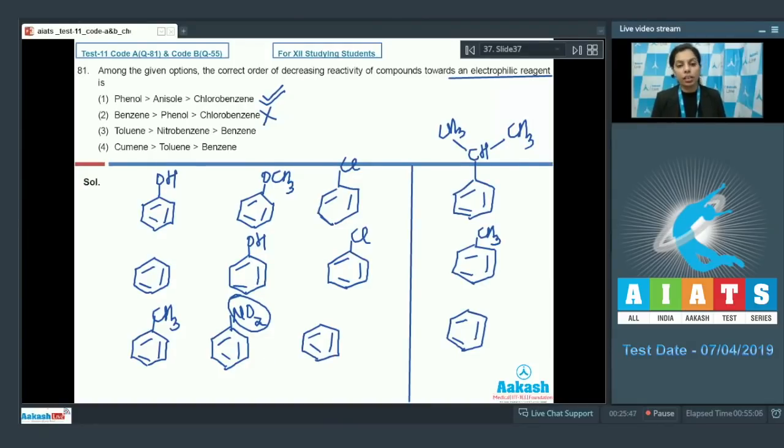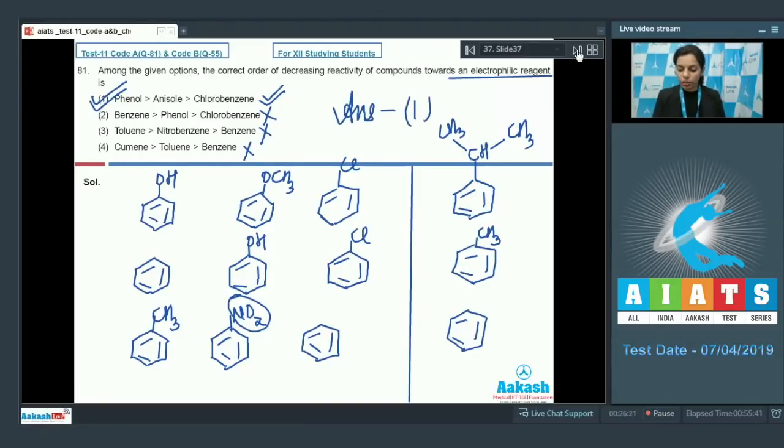It reduces the reactivity. That's why benzene should be before nitrobenzene. So in this case, third one is also wrong. In case of option 4, this toluene should be here before cumene, because the toluene shows more hyperconjugative effect, and that is why only one option is correct here, the first one.